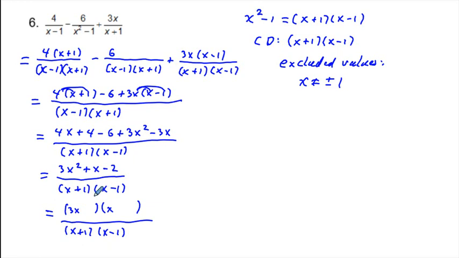So we just have to look at what we have. We have plus x, so that's going to be plus 1 and minus 2 over here. Let's see if that works out, because negative 2x plus 3x checks out. So x plus 1 over x plus 1 are going to cancel. So we're left with, in the numerator, 3x minus 2 over x minus 1. And that's going to be our most simplified form for the answer choice. Okay.